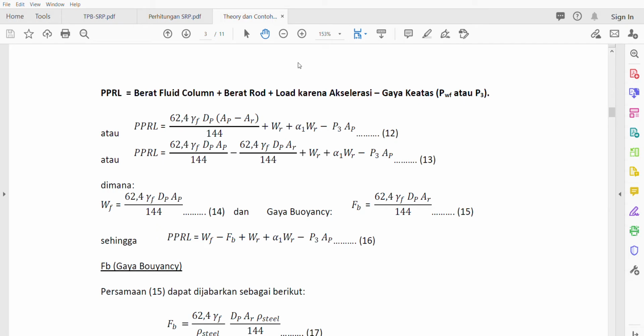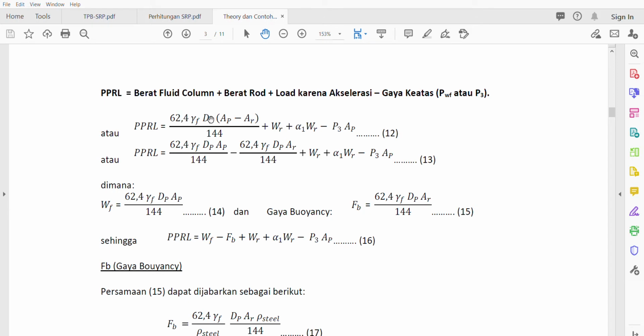The second video, so we have already talked about this PPRL. The liquid column is this equation: AP minus AR, where AR is the rod area and AP is the inside diameter of the pump, the diameter of the producing pipe.